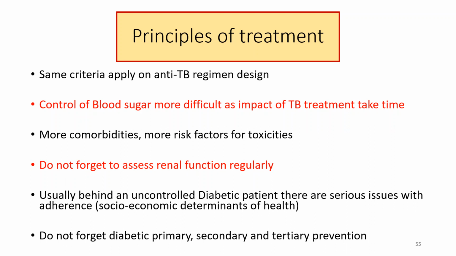So you'll also have to look at the socioeconomic side, such as patients getting some grant. Do not forget diabetic primary, secondary and tertiary prevention, where you look at the diet, the treatment and the lifestyle of the patient, which will also help you in terms of the principles of treatment.